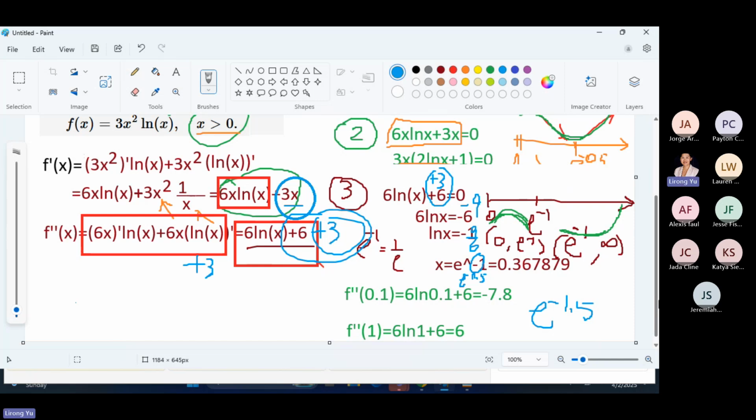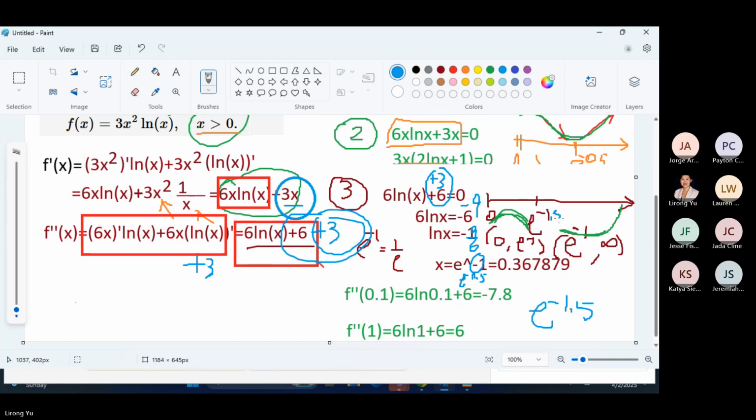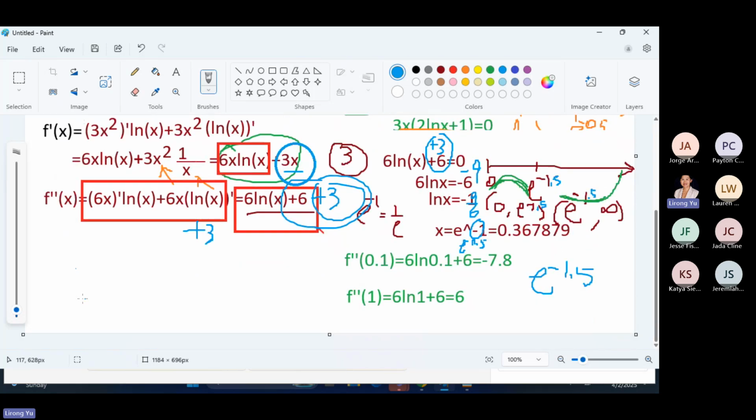So it won't actually happen at e to the negative 1. And the overall shape seems to be consistent. Any question? For the actual graphing, we should include all 3 points that we determined.